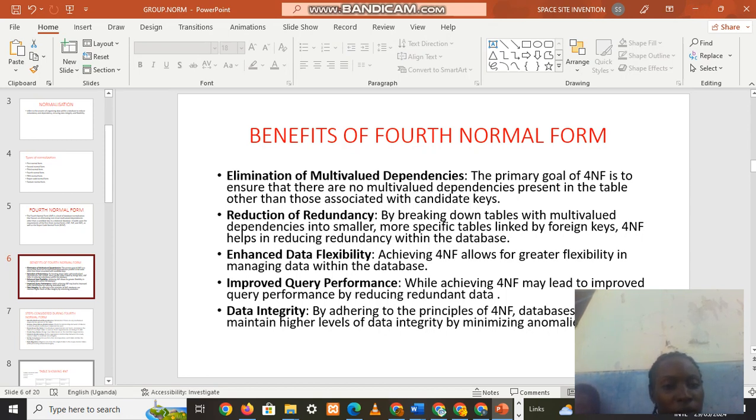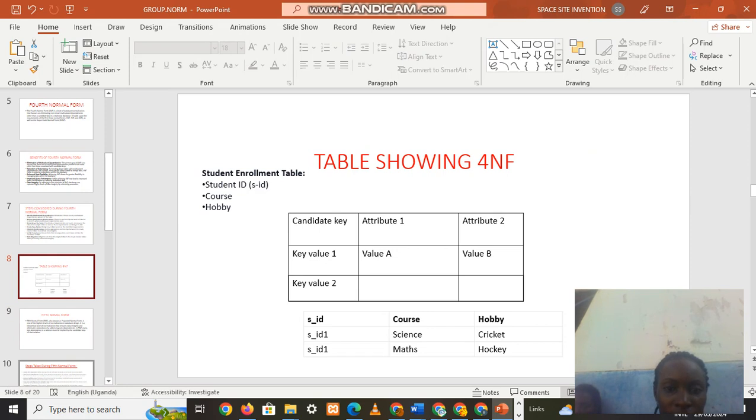But the elimination of multi-valued dependencies, this includes the primary goal of fourth normal form. Its goal is to ensure that there are no multi-valued dependencies present in the table other than those associated with candidate keys. So let's move ahead.